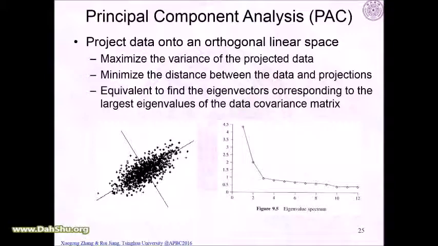When we have high dimensional data, we will have many eigenvectors, and we can get this spectrum of the eigenvalues. The eigenvector with the largest eigenvalue is the first principal component, then the second, and so on. We can use the first few principal components to represent most of the variation of the data.